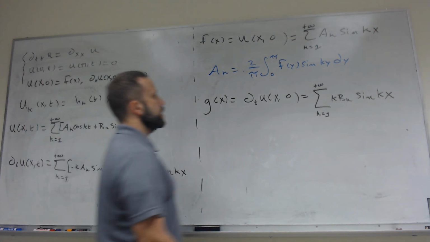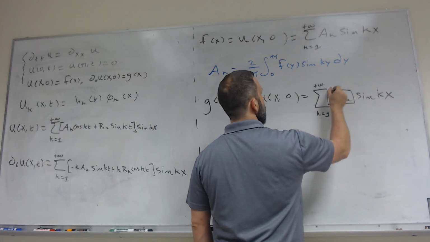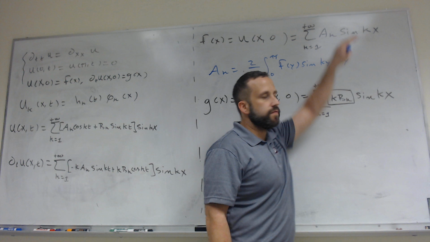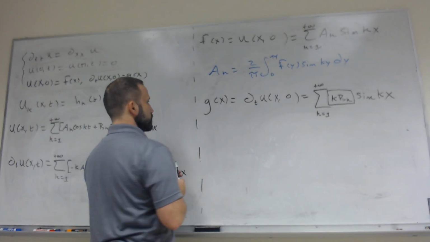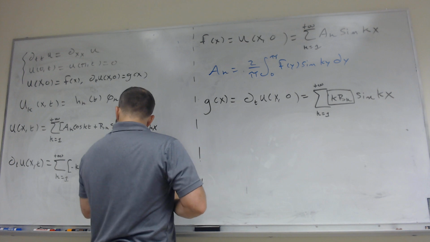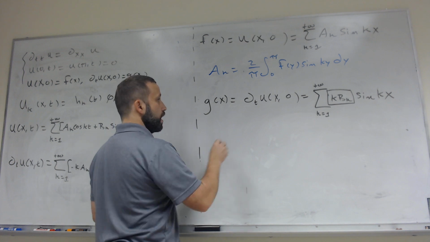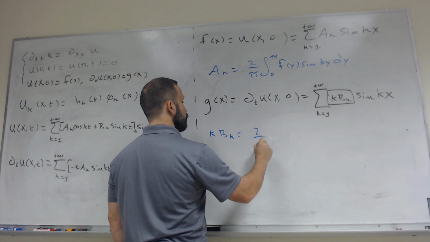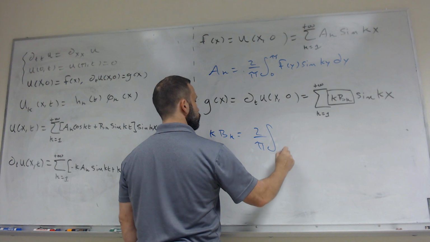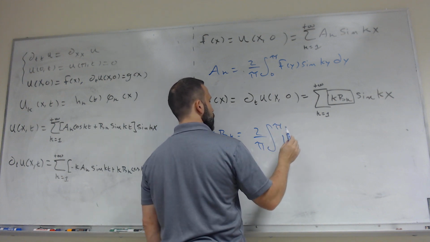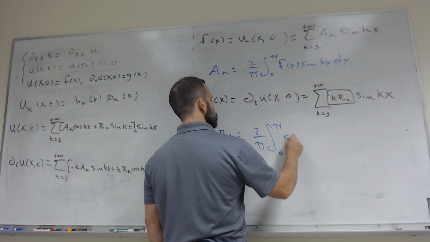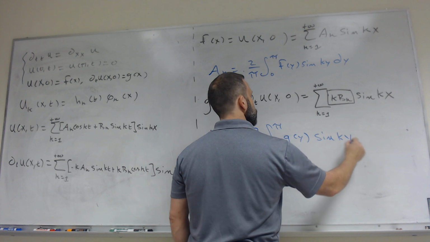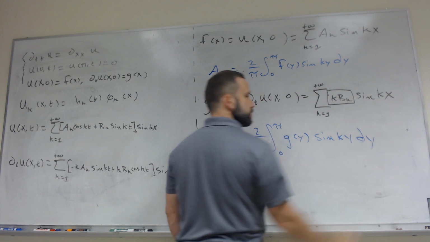Okay, well, notice what's happening here. k bk is kind of playing the role of the ak here. And so what this tells us then is k bk is equal to 2 over pi times the integral from 0 to pi of g of y times sine of ky dy.